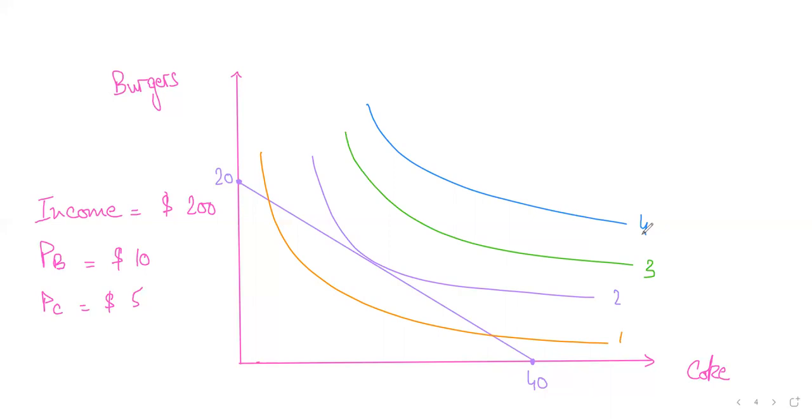Which is giving the consumer the highest level of utility? First, answer this question, as simple as that. Shouldn't be that difficult. I've just explained to you. Which curve is giving the consumer the highest level of utility?